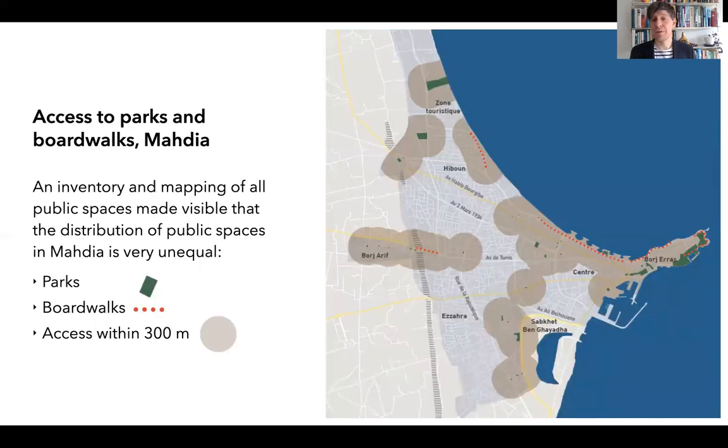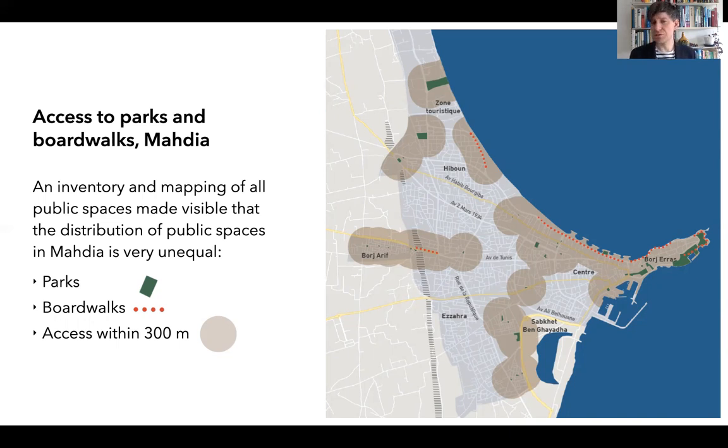This is a map showing the access. That means how far it is to walk to a nice public space. This is something we did with a working group in Mehdia in Tunisia. The working group made this inventory and mapping of all the public spaces. And with the brown circles, we would show how large parts of the city are accessible within 300 meters.